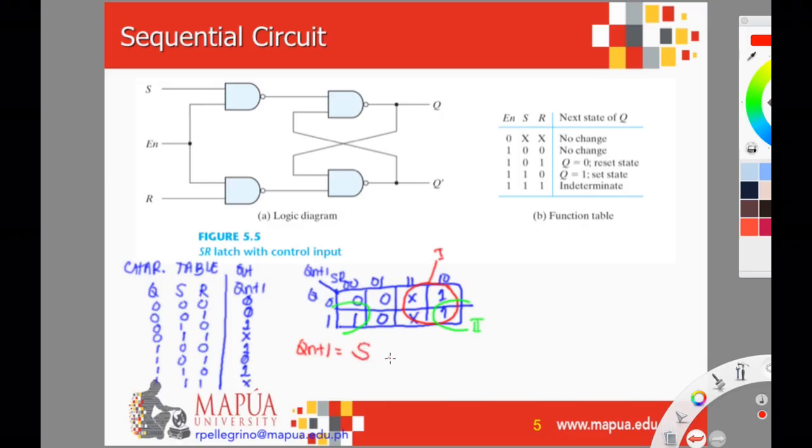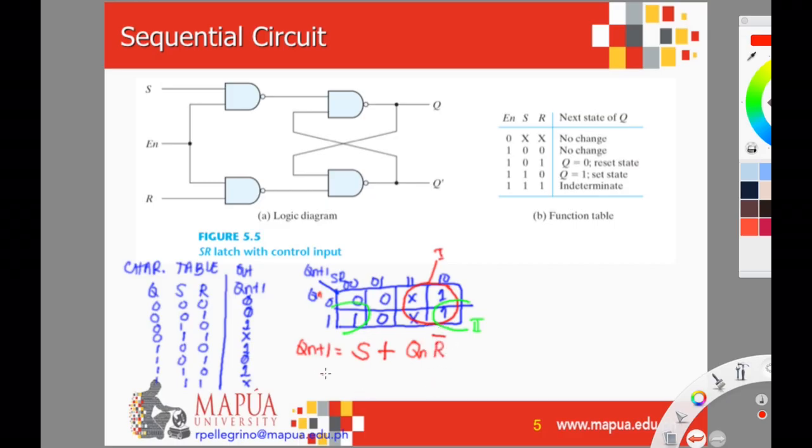That is S. That's the first group. So plus, we have this and this one. So it remains consistent, which is Qn, the Q present state. So it's Qn. And what will be the value of S and R? What is consistent is R, because S changes from 0 to 1. So we have R bar.